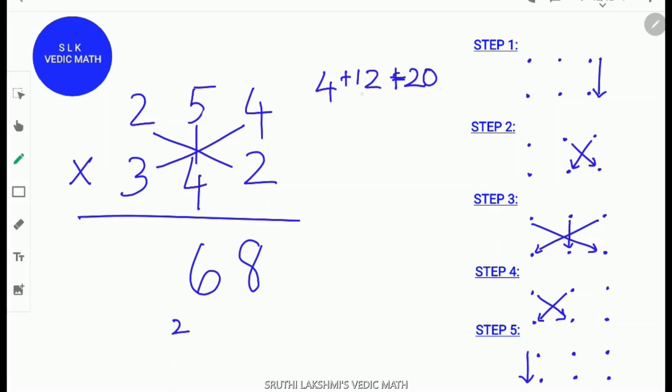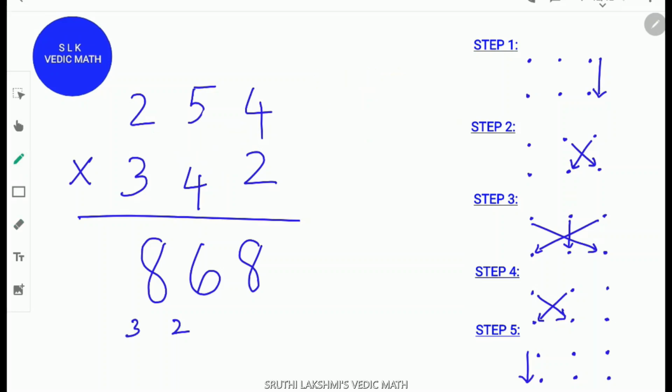So 4 plus 12 is 16 and 16 plus 20 is 36. So we add the carry 2. So 36 plus 2 is 38. So we write down the 8 and carry the 3.